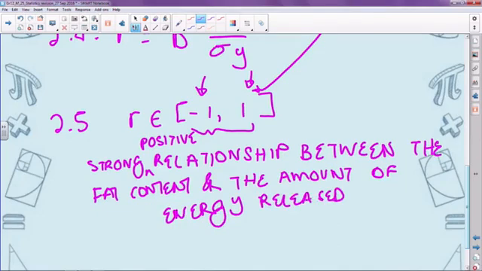Okay, so that's really all that you can get from this value of your correlation coefficient, that there's a strong positive relationship between the two values.